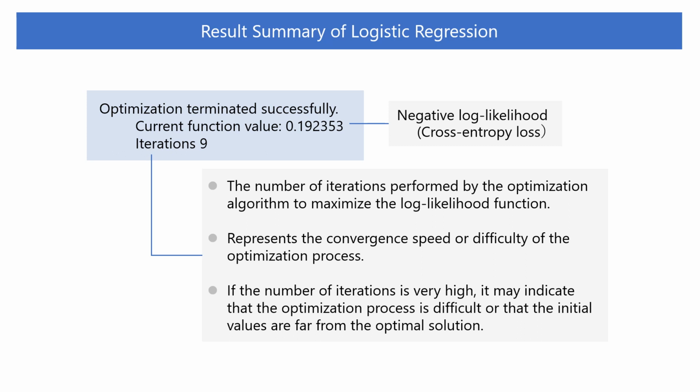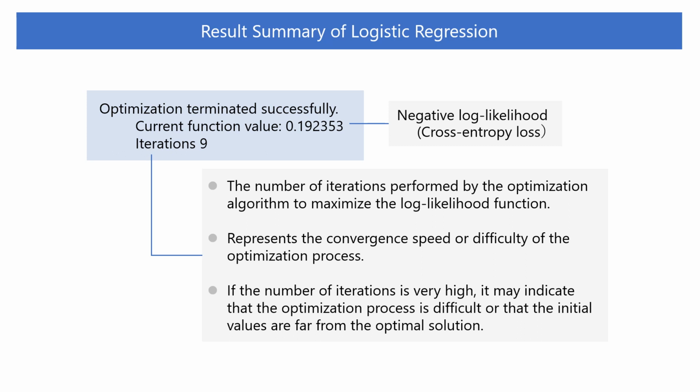Iteration refers to the number of iterations performed by the optimization algorithm to maximize the log likelihood function, that is, minimize the cross-entropy error. The optimization process starts with initial values of the parameters and updates them based on the gradient or derivative of the objective function, gradually decreasing the value of the objective function.